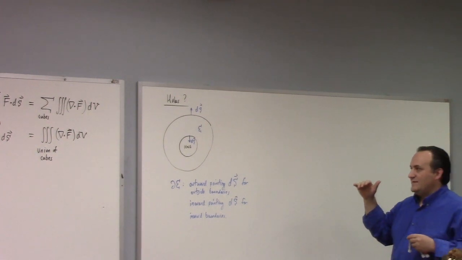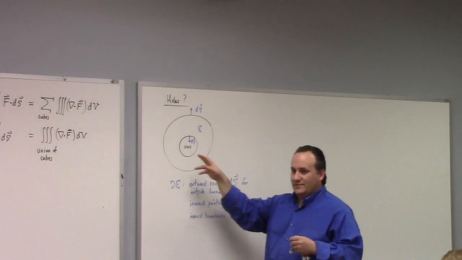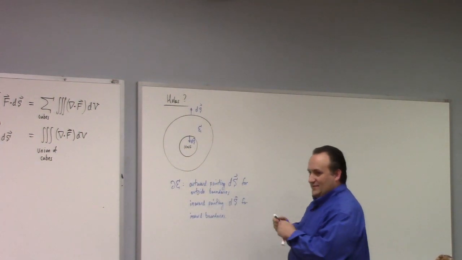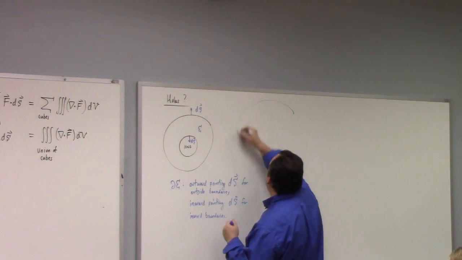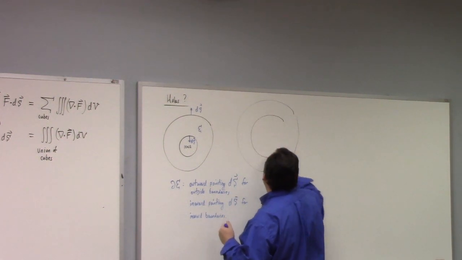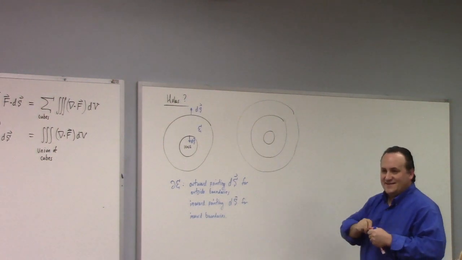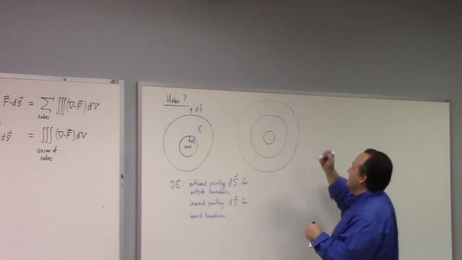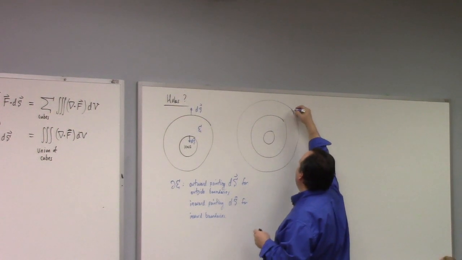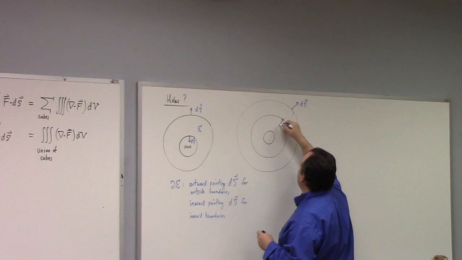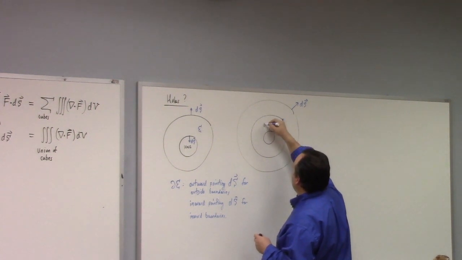Because Sam will soon ask me, what about an island inside the hole? Since I know this answer, I can read the room. I know what's coming. So what if your solid was this? So you'd have dS out here, the dS would be here like that, and then dS would be like this here.